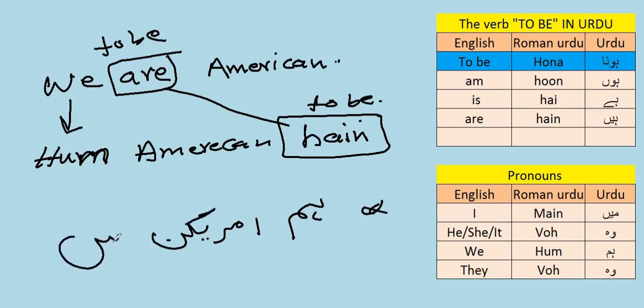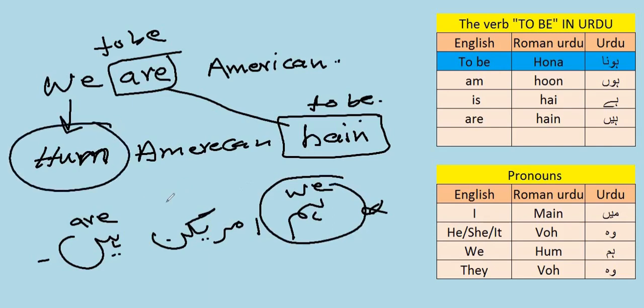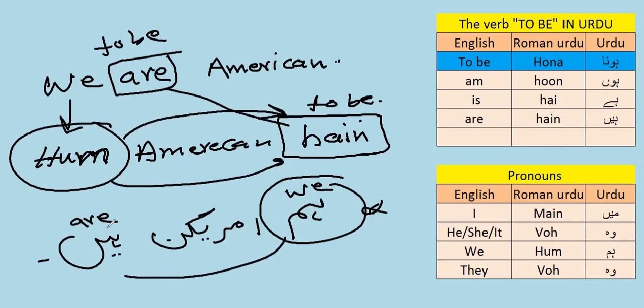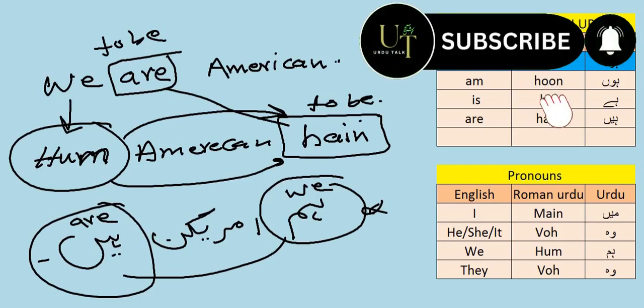The plural हैं I use, the हैं of are. So this हैं means are and हम means we. Say we are, हम हैं. So whenever we start our sentence from हम, we will end our sentence with plural हैं. So in this way we use the verb to be form in the Urdu language.